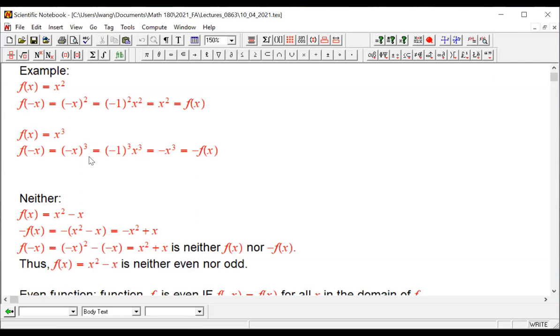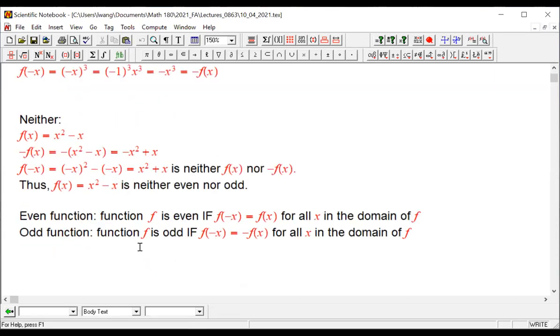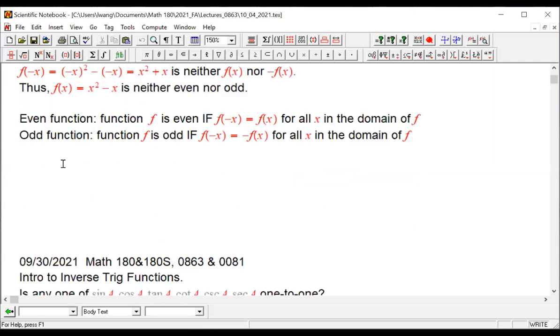And now let's look at the analytical geometry, the graphical aspect, the graph. We all know the graph. So, the visual of even or odd functions.